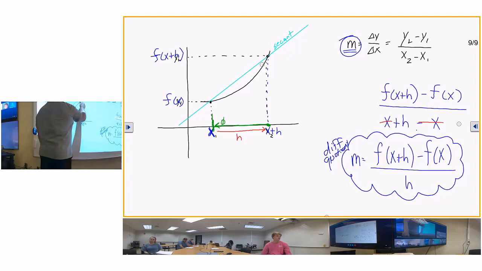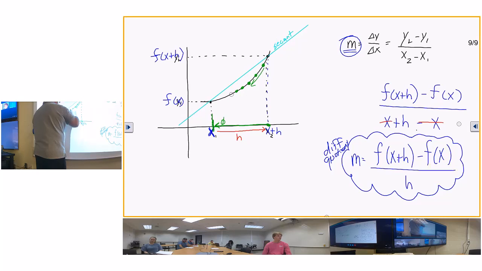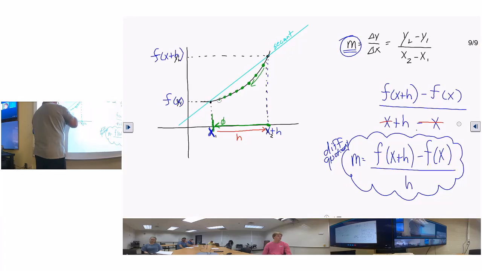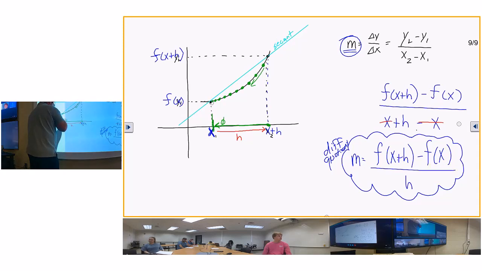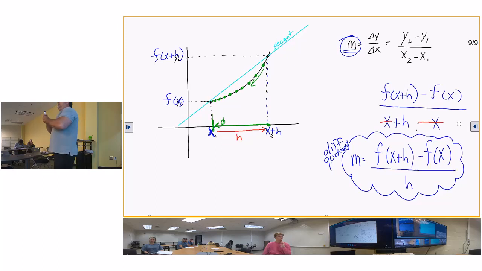Now what happens when I bring that to 0? What is this line doing? This point is coming which way? Downward, like this. Do I touch this black dot? No. Think of a 200th of a hair. You've got to think out of the box.